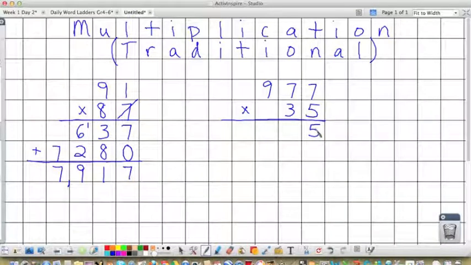The 3 is actually 30 from the 35, so that gets carried up to the tens place. Now we're multiplying the tens times the ones. So 7 times 5 is 35. Plus 3 more is 38. And we carry that 3 out to the hundreds place.